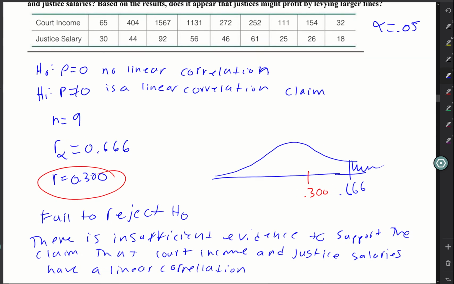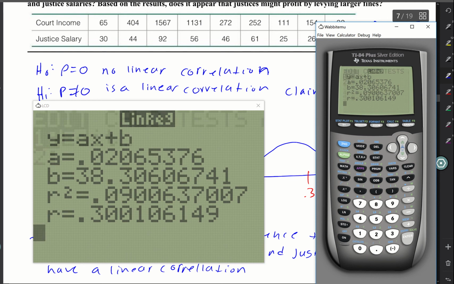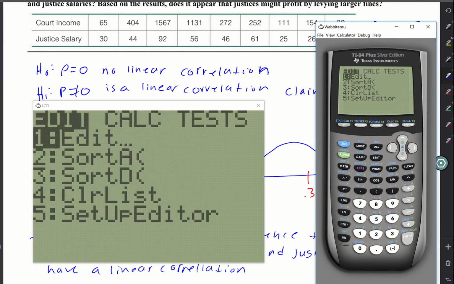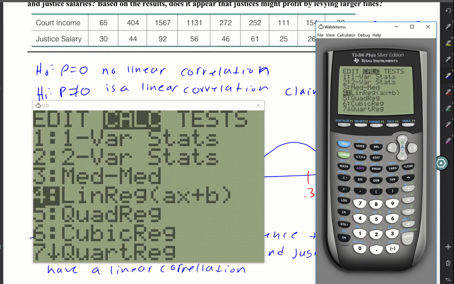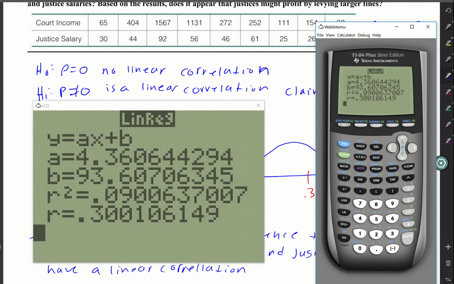You mean for R? Yeah. I don't know, we can see. So if we go and run the LinReg with list 2 first, yep. At least for R. It will affect your A and B, but your R is going to be the same.